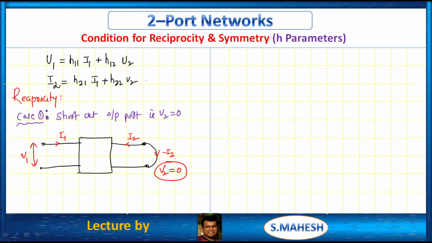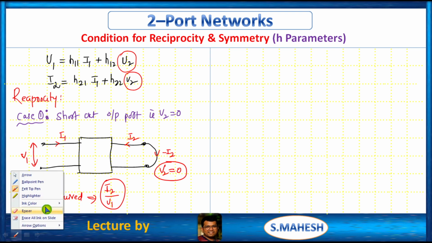So from the equations, when V2 = 0, what we require is the ratio of response to excitation. Response is I2 by V1. We can calculate I2 by V1.